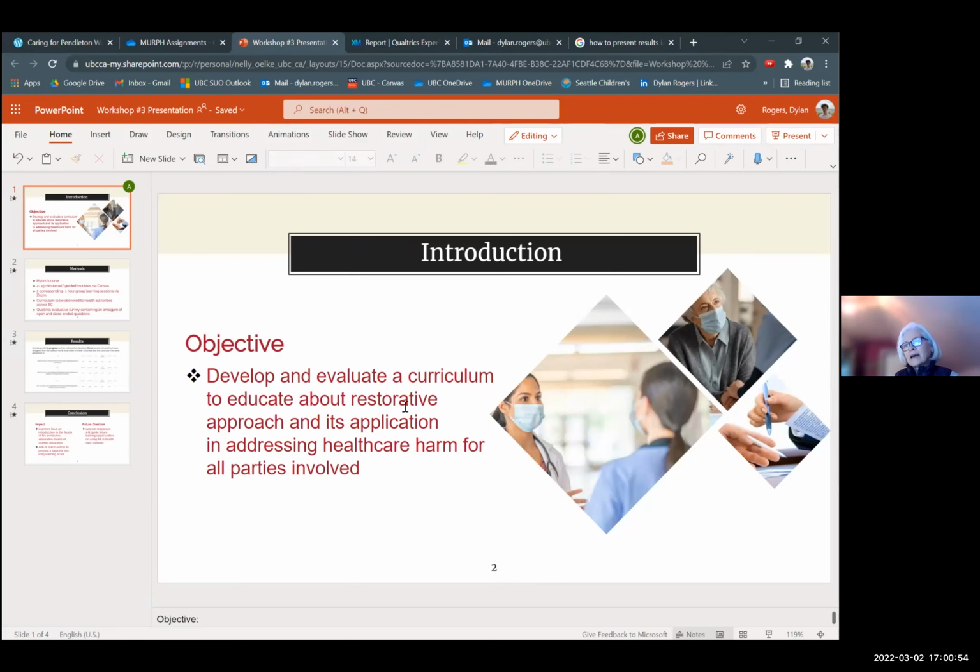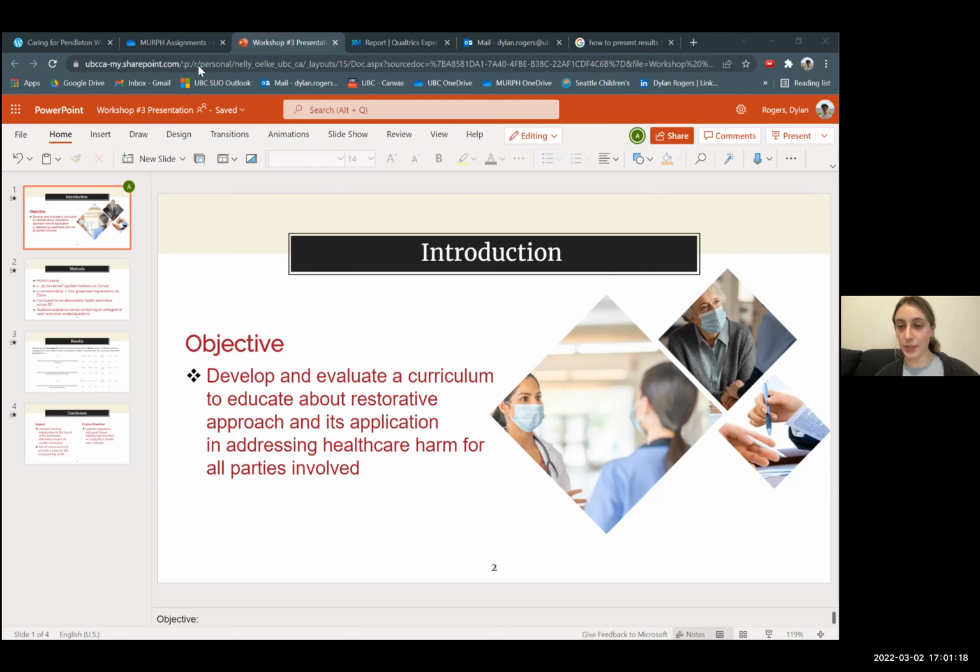One question I had, just in terms of content, addressing healthcare harm for all parties involved. I find the term "all parties" to be pretty general. It could be anybody. It might be helpful just to say who are those parties. Is it patients? Is it providers?